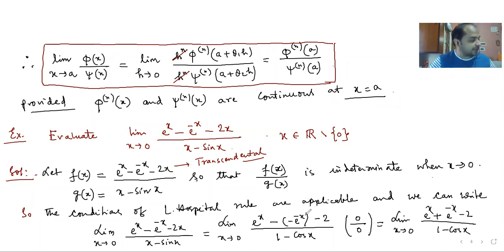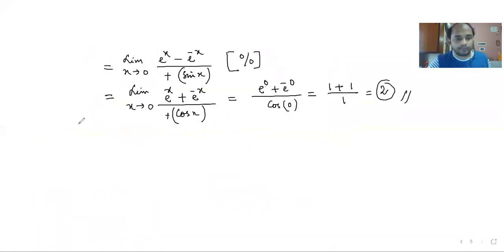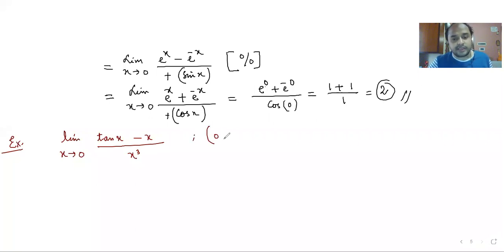One more problem that we can do is limit x tends to 0, tan x minus x by x cube, where the domain of consideration is taken to be 0 to pi by 2.